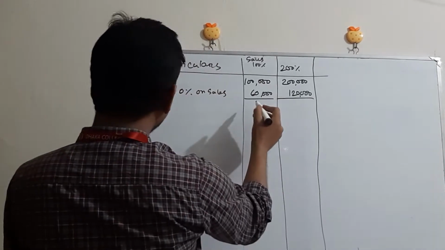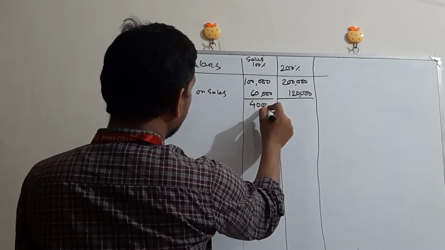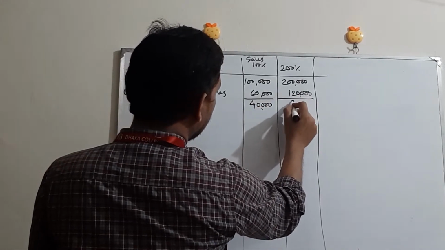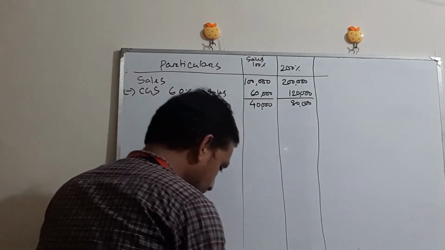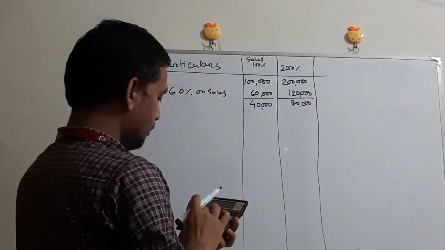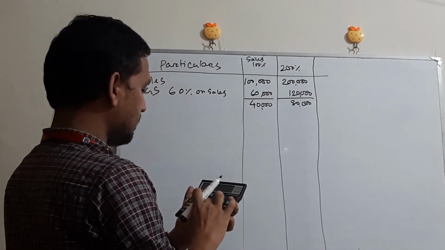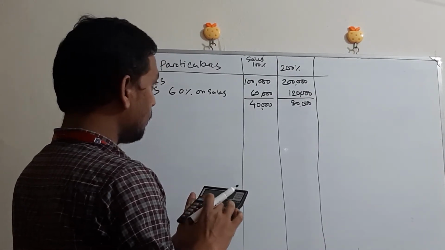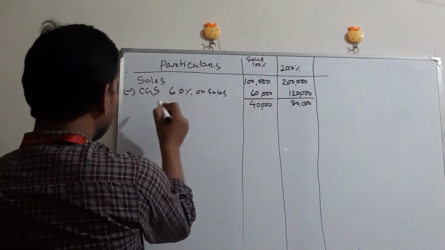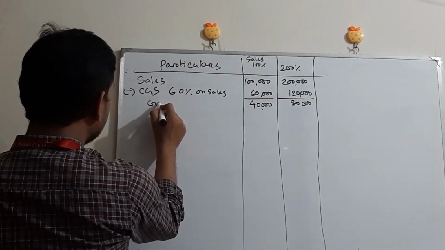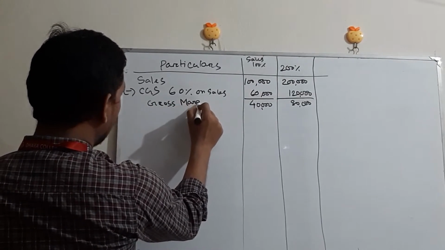So it is 40,000 taka and it is 80,000 taka. Am I right? We should calculate this: 2 lakh into 0.6 is 120,000. Okay, it is called gross margin.